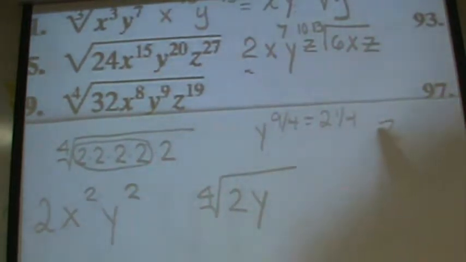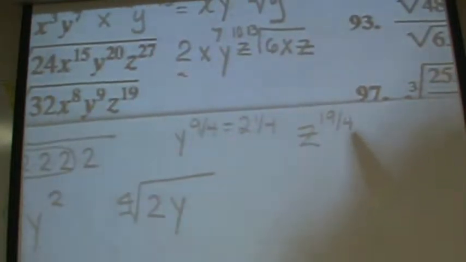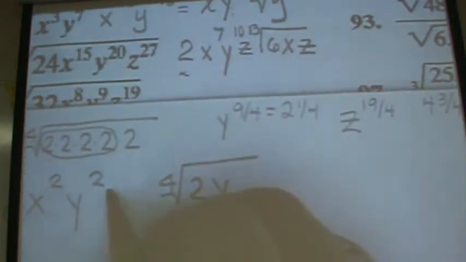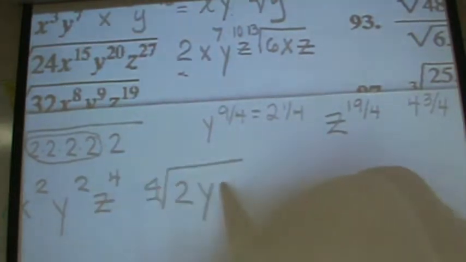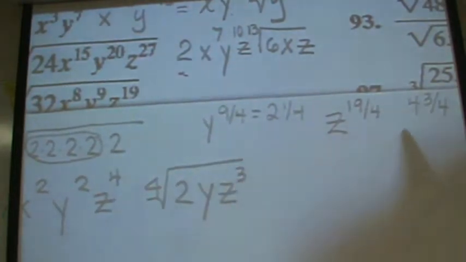And z to the 19 over 4. How many times does 4 go into 19? 4, 8, 12, 16. So that's 4 with 3 left over. So that would be z to the 4th power with 3 remaining.